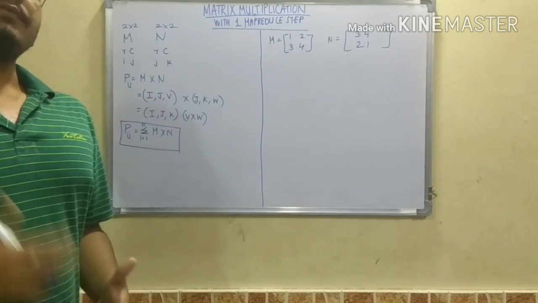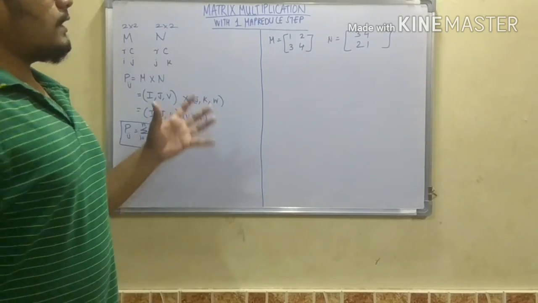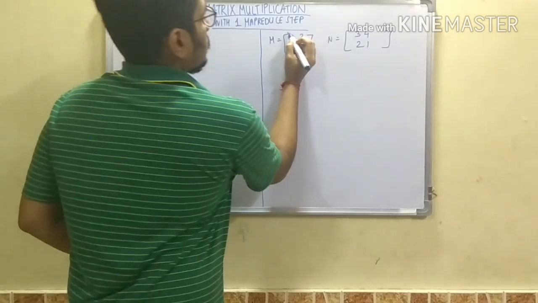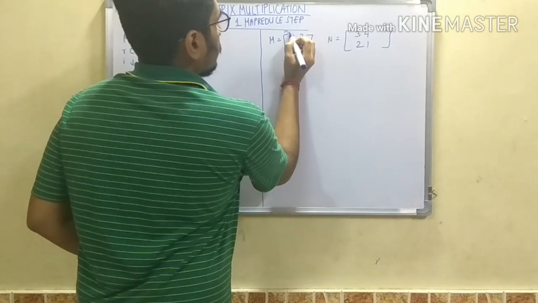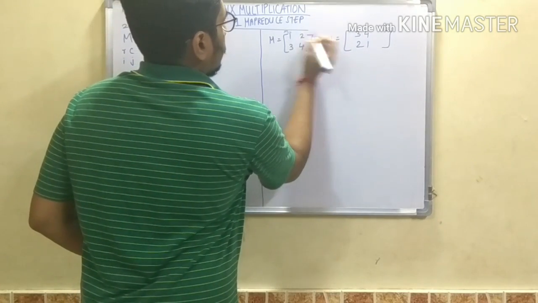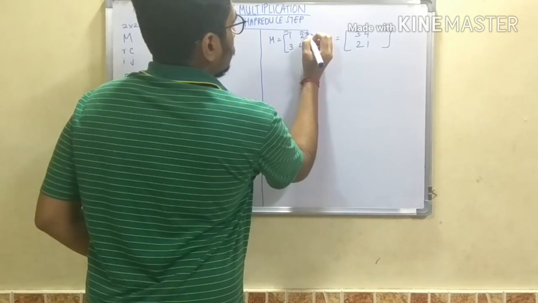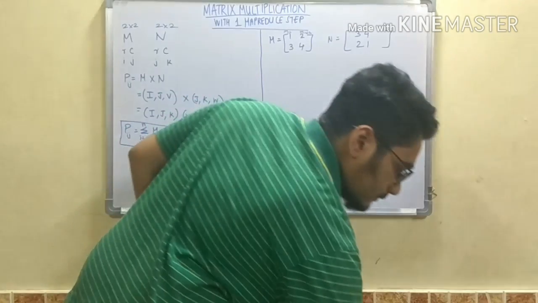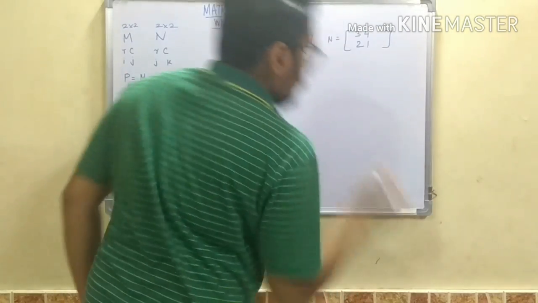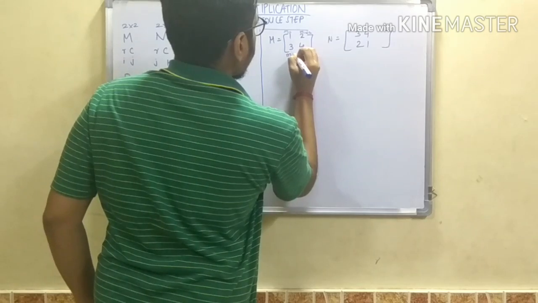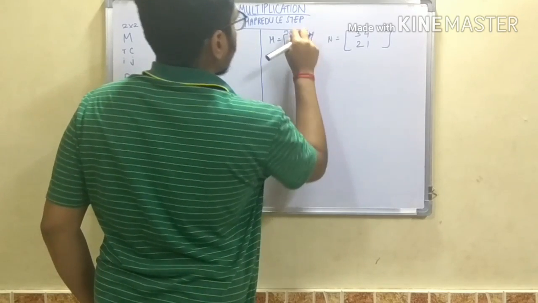First we'll define the rows and columns for each of these. This will be Mi1 J1 and this will be Mi2 J2. Similarly, this will be Mi2 and this will be Mj2.